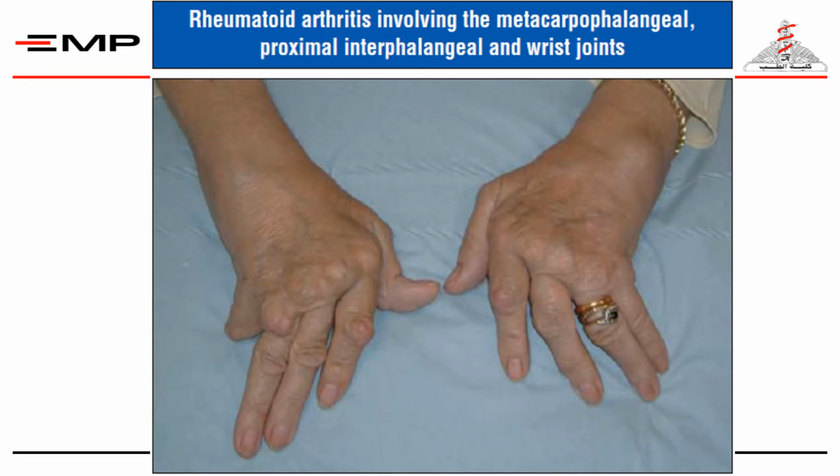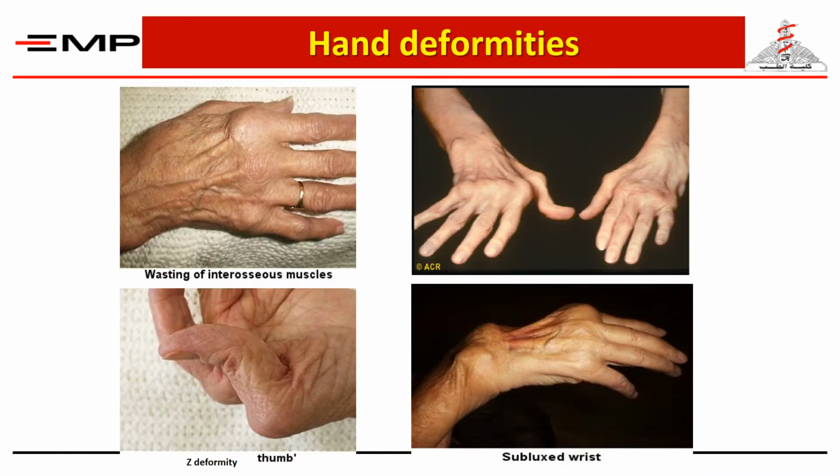Also here in this patient, there is ulnar deviation at the level of the metacarpophalangeal joint bilaterally. Here are many pictures of patients with long-standing rheumatoid arthritis and hand deformities.